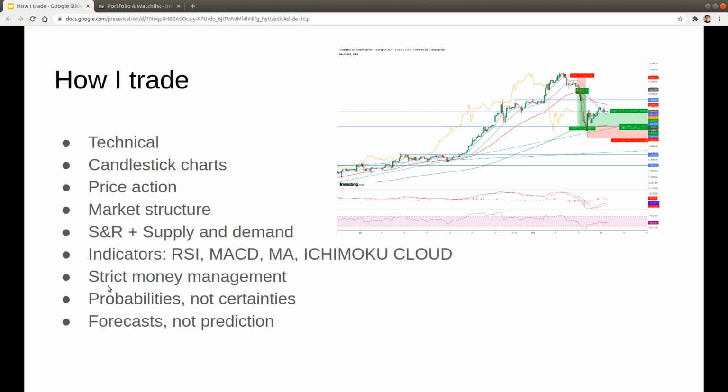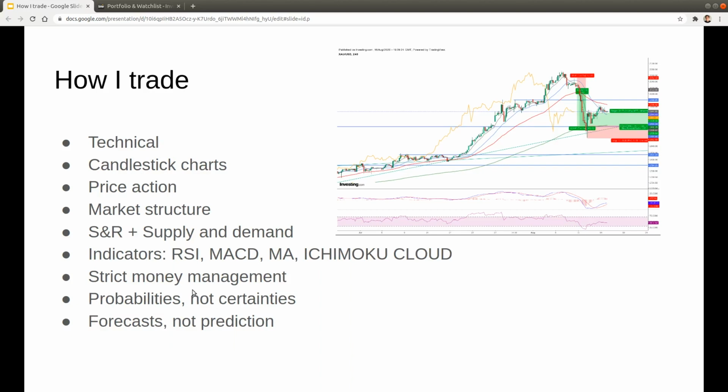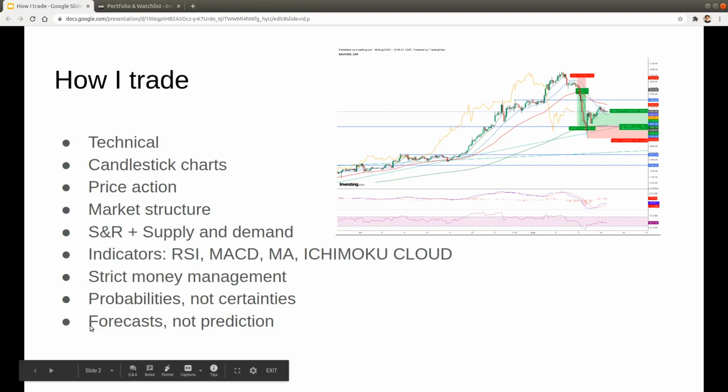So I also use probabilities, not certainties, and I use something we call risk to reward. When I look at a trade, I'm always looking, can I make more money out of it than I am risking? Or at least I need to be able to make the same amount of money when I'm in profit as when I close my trade for a loss if something goes wrong. So that's probabilities and statistics, more or less.